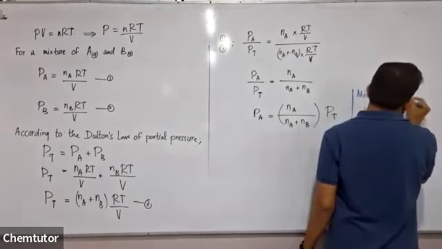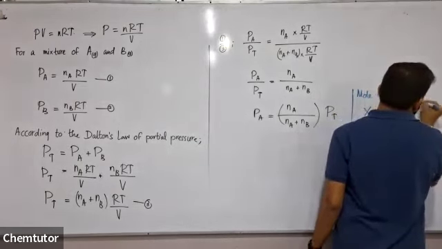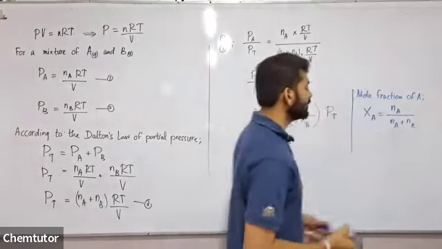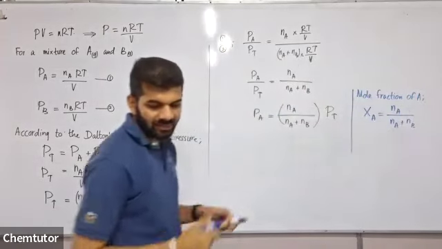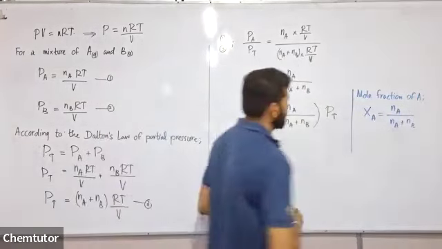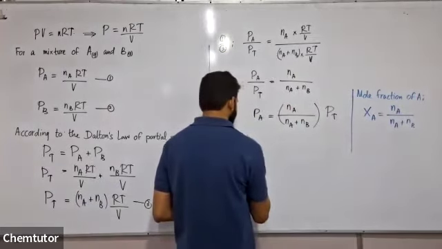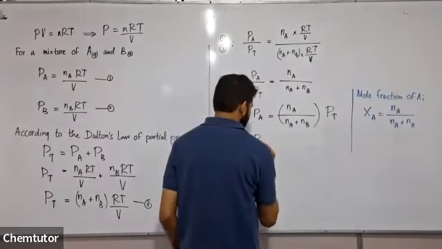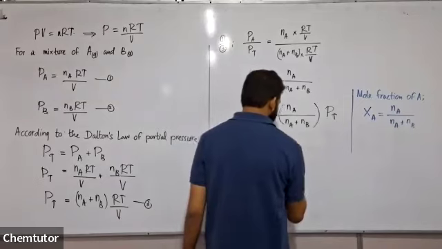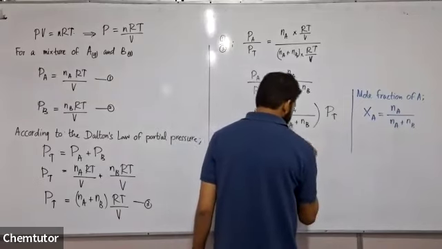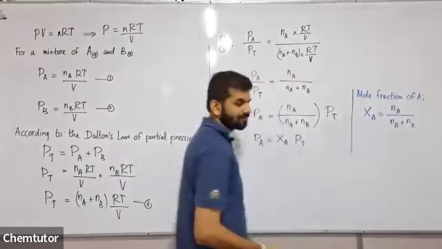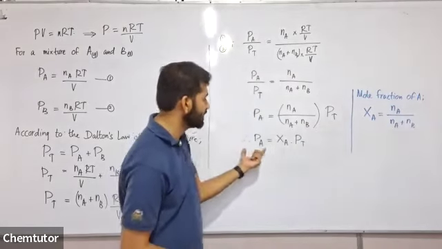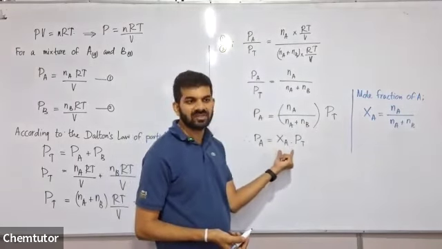Mole fraction of A, that is XA equals Na divided by the total number of moles. So therefore, we can say that PA equals XA times the total pressure. So this is how we express the partial pressure in terms of mole fraction.